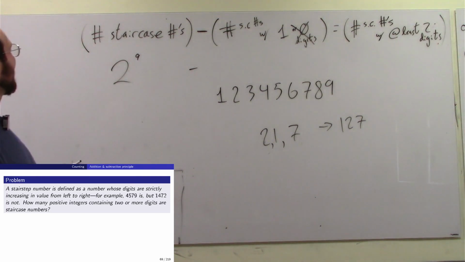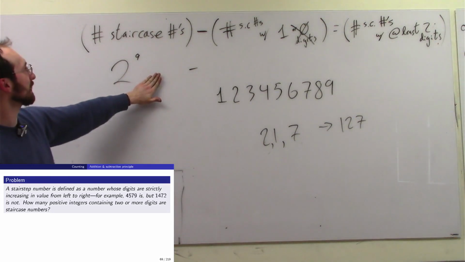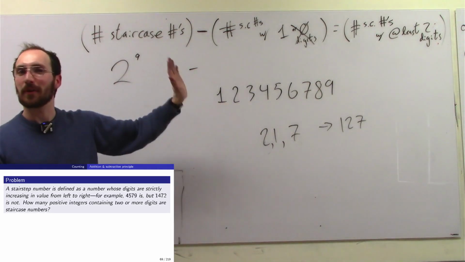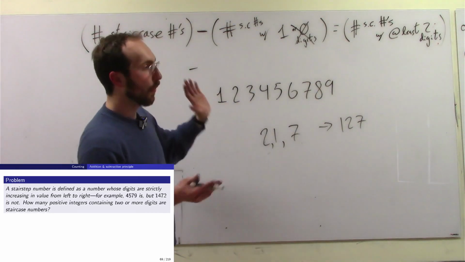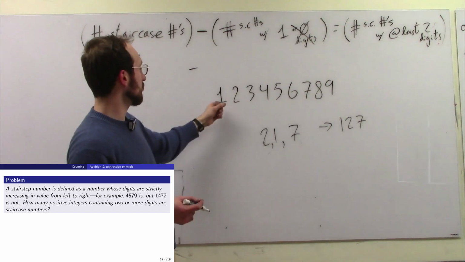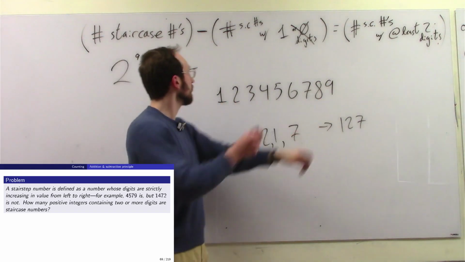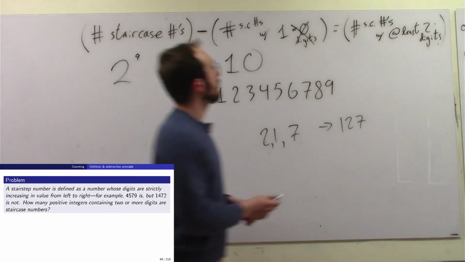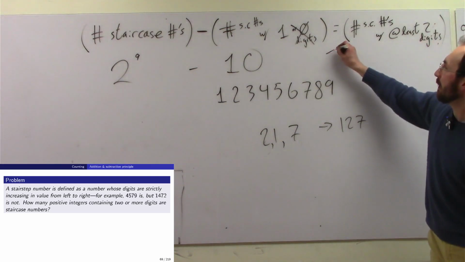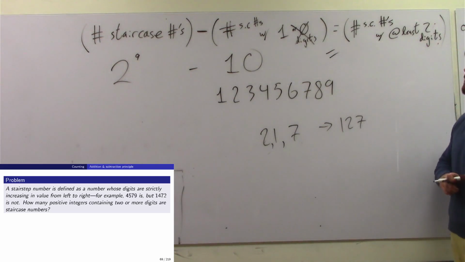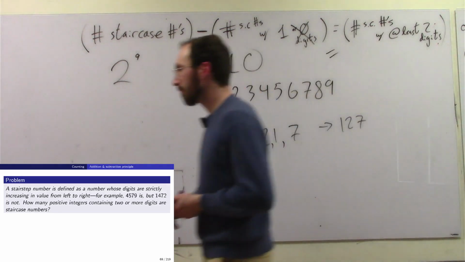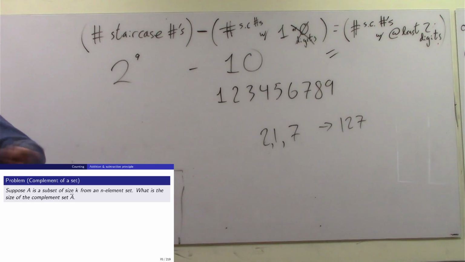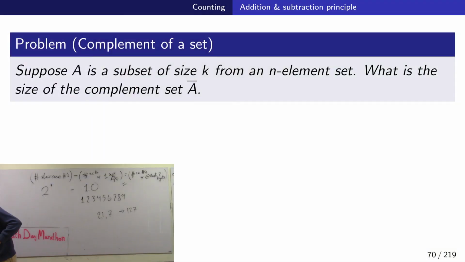Then I don't actually subtract from right here. The absence of one of these numbers is just going to be 0. A 1-digit staircase number would be 0, 1, 2, 3, 4, 5, 6, 7, 8, 9. There's 10 options there. Therefore, that's how many staircase numbers have at least 2 digits, if we include 0.